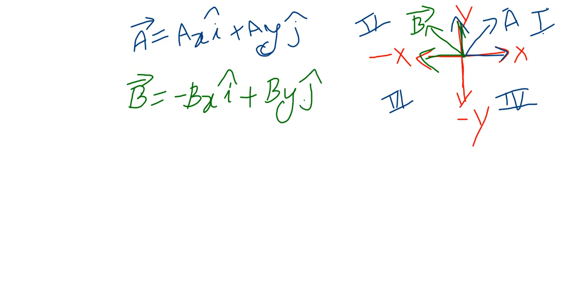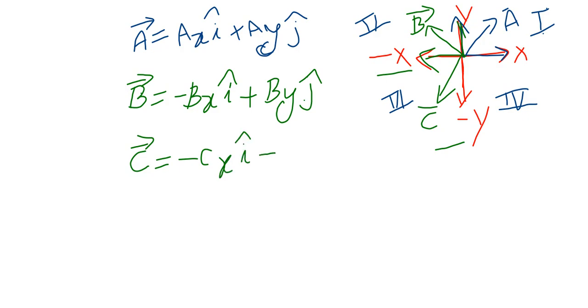Another vector c bar is in third quadrant. In third quadrant, x is negative, y is negative. So we write this vector c bar as minus cx i cap minus cy j cap.